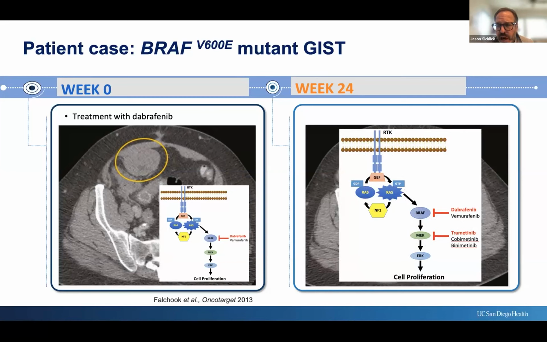And it turns out that in combination, targeting both BRAF and, immediately downstream at the MEK site, with drugs like trametinib, cobimetinib, or binimetinib is an additional approach for treating these BRAF V600Es. And in fact, that's FDA approved in combination for patients with BRAF V600E mutations in any kind of tumor type.